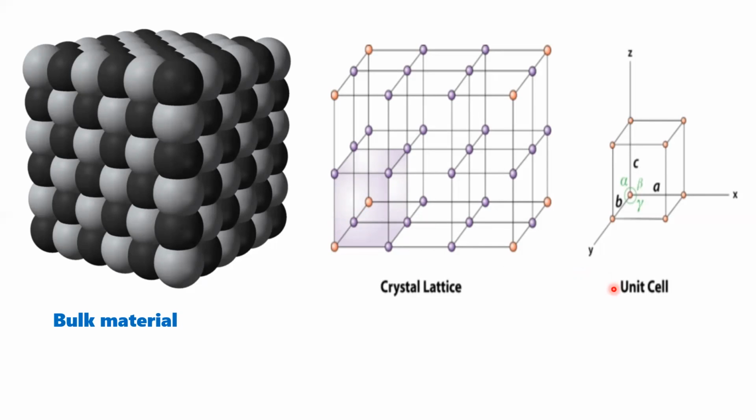And as the bulk material is a combination of so many such unit cells, bulk material contains an infinite number of atoms. Hence, they are closely packed, which you can observe in this particular image, because of which the atoms are compressed.